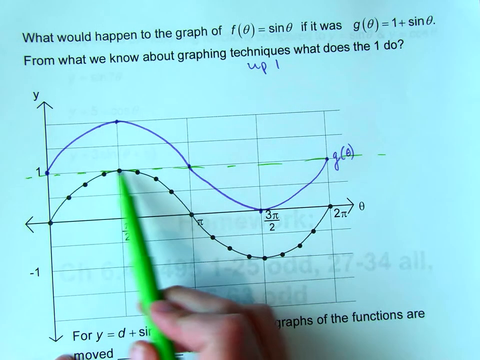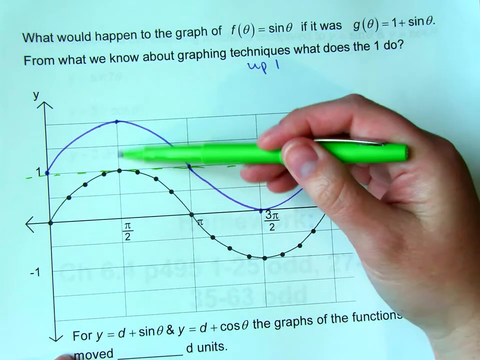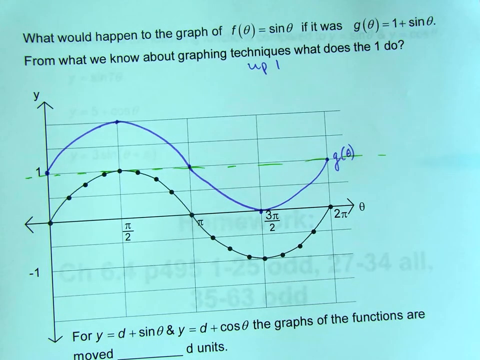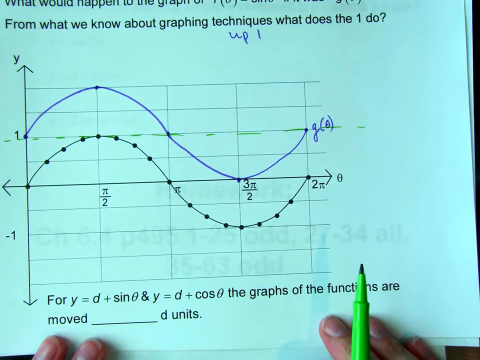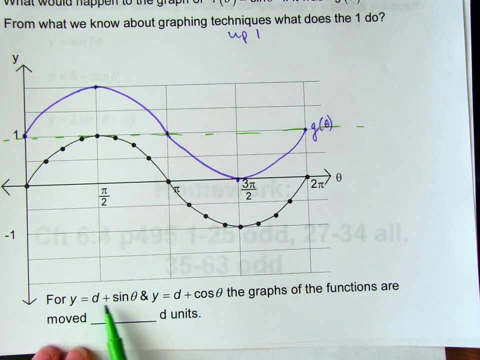So if we think about our x-axis being here, our amplitude is still 1 away.